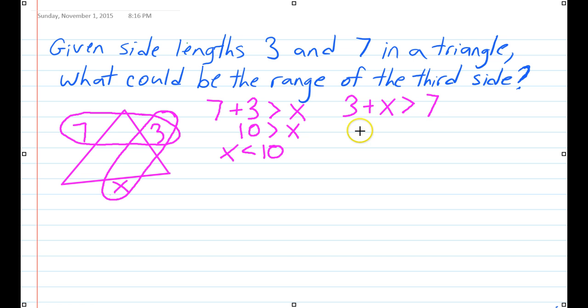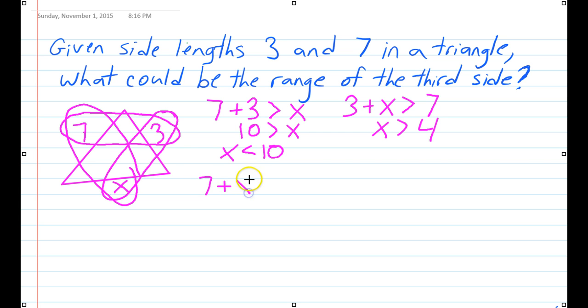Solving this inequality, we subtract 3 from both sides, which would be x is greater than 4. Alright, so we know x has to be less than 10, and it also has to be greater than 4. And that's probably all we need, but let's check it the other way also, see what happens here. So we know this side, 7 plus x, also has to be greater than 3. So let's set up our third one.